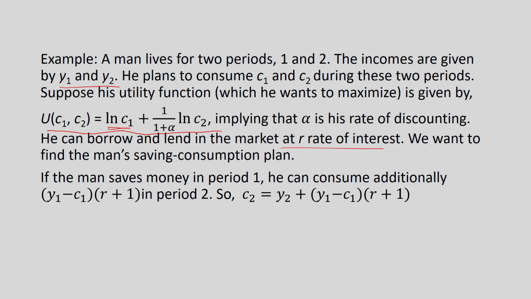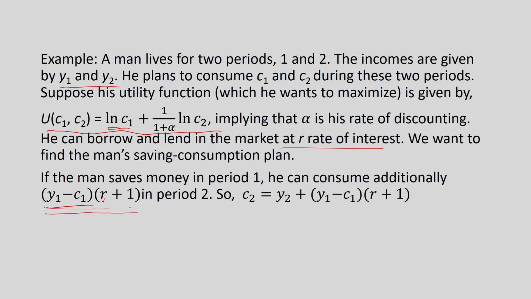If the man saves money in period 1, he can consume additionally (Y1 minus C1) multiplied by (R plus 1) in period 2. This is not difficult to understand. Y1 minus C1 is his savings in this period, which he will lend out, and on which he will get this rate of interest.